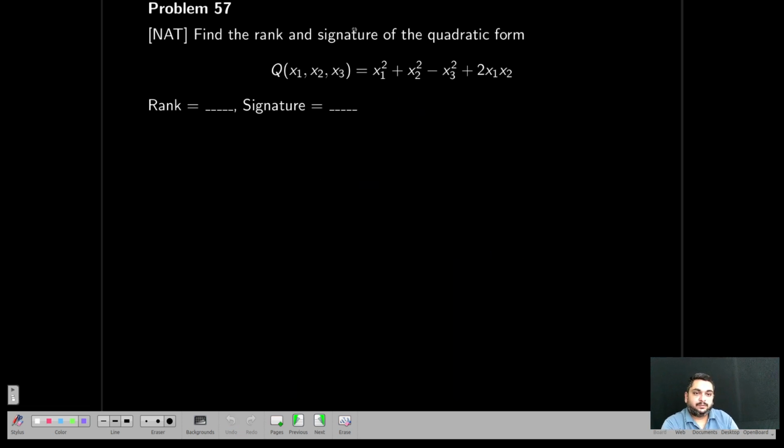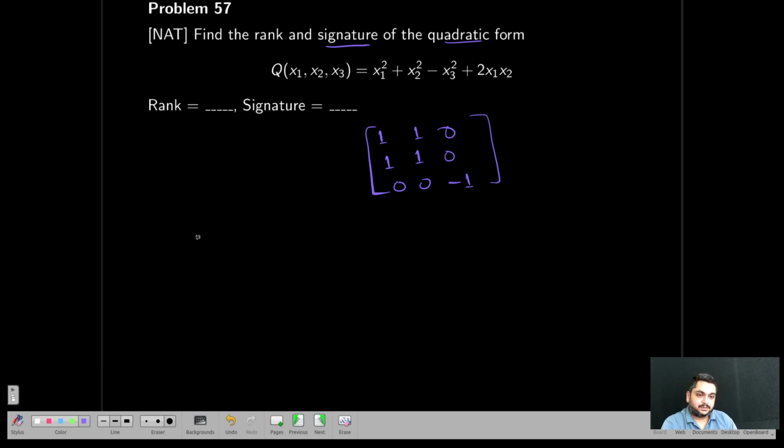Next, find the rank and signature of the quadratic form. So rank, you know, I will explain what signature means. So let us write this 3 cross 3 matrix. 1 2 2 is 1, this is minus 1, x1 x2 is 1, then the rest are zeros. Okay, so this is a symmetric matrix.